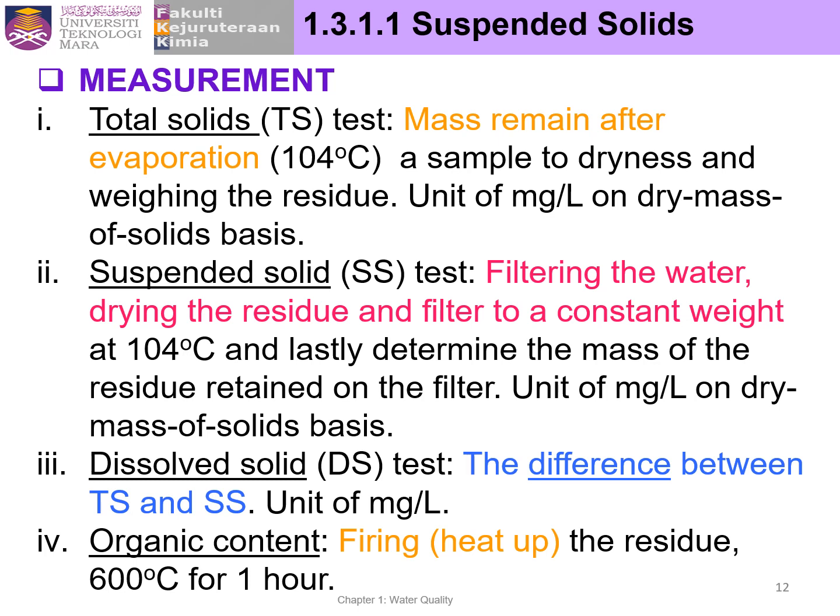The organic content you can also calculate from the suspended solid. Usually, how do we measure it? By firing up, or heat up. You heat up the residue at 600 degrees C, very high temperature, for 1 hour. Then after you heat up, you cool down, and then you measure, so that is where you get the organic content.